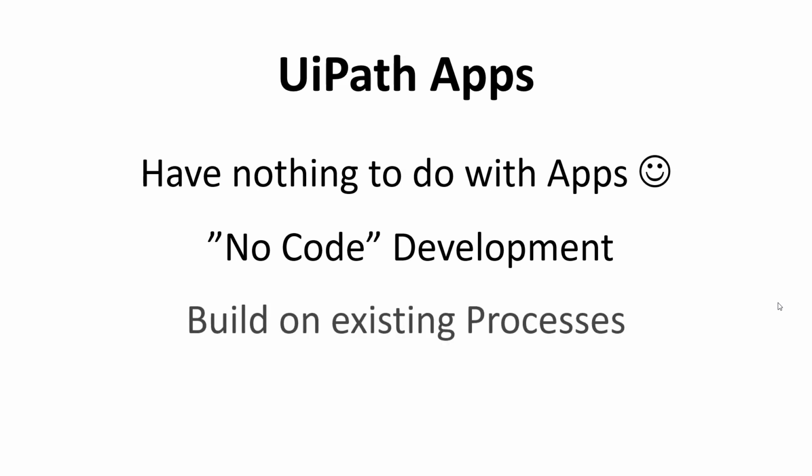And finally, it builds on existing processes. You cannot build an app if you don't have a process that is published and accessible on your orchestrator. It simply doesn't make sense because apps are user interfaces that talk to the processes that you already have published.